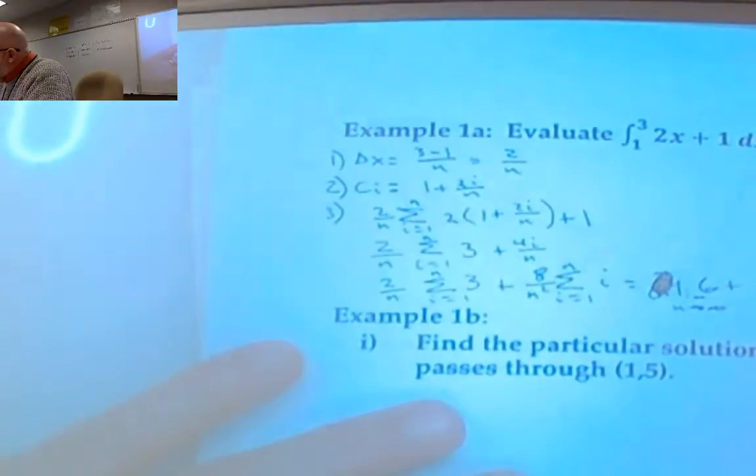So it's 2 this way, 1, 2, 3 this way. This rectangle has an area of what? 6. And this is 2 this way, and 1, 2, 3, 4 this way. So 3 by 4, and it's a triangle. 6. Oh, excuse me, 2 by 4. It's a triangle. 4. And I also get 10.